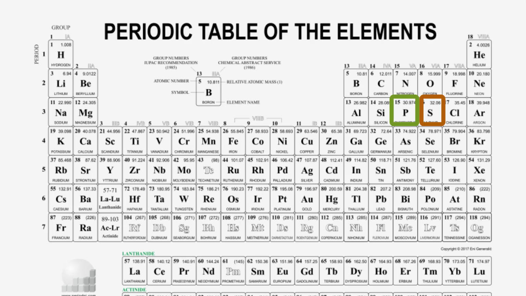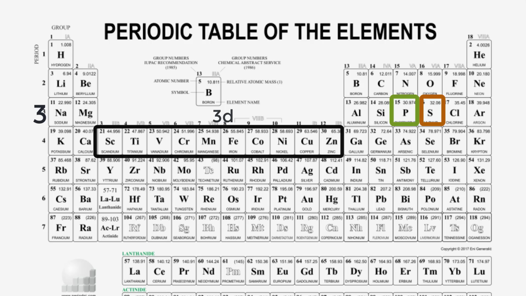Look at their electron configuration: 1s2, 2s2, 2p6, 3s2, 3p3 for phosphorus, 3p4 for sulfur. So what we're saying is sulfur and phosphorus have an outer shell of 3. Is there such thing as 3d orbitals? Absolutely, right? Remember, the next row of d orbitals is n minus 1, so it's 3d.